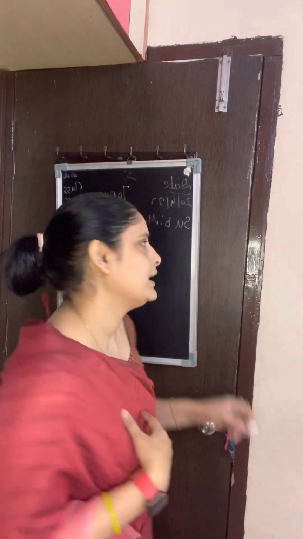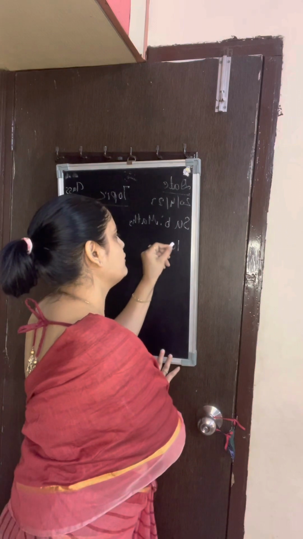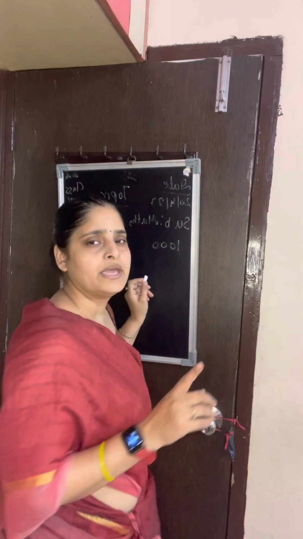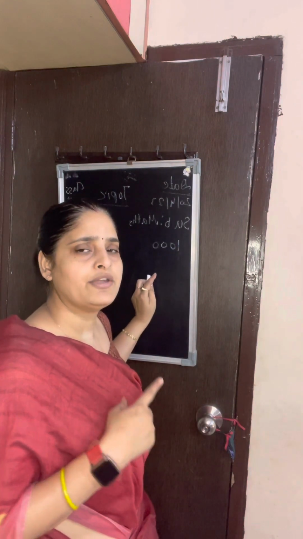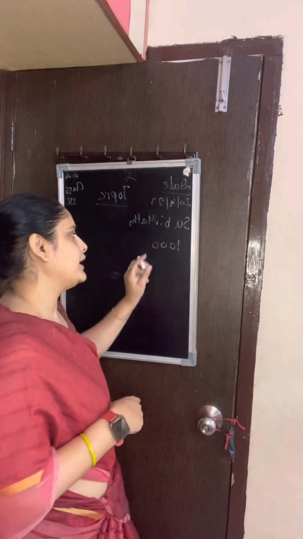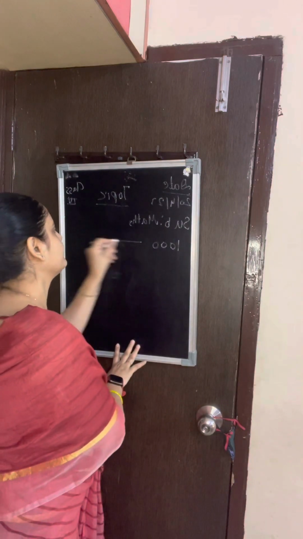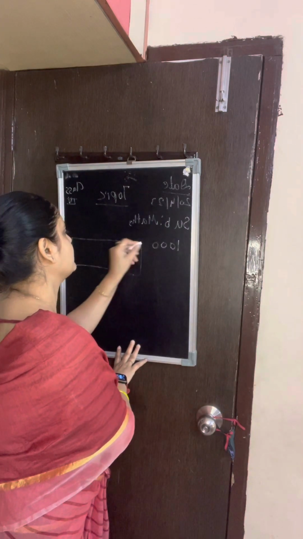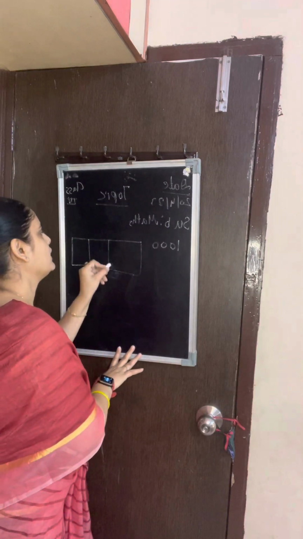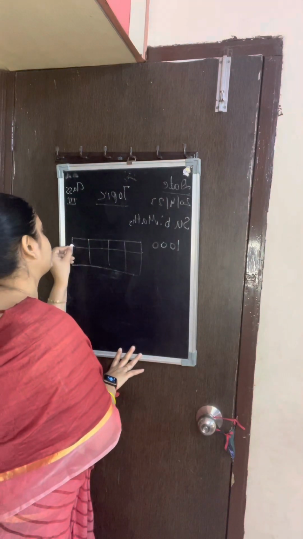Now sit. So students, you have seen this is only a 2-digit number. If I give you a bigger number, let's take the example of 1000. We will see it in the place value chart. Here I am making a place value chart for your better understanding.